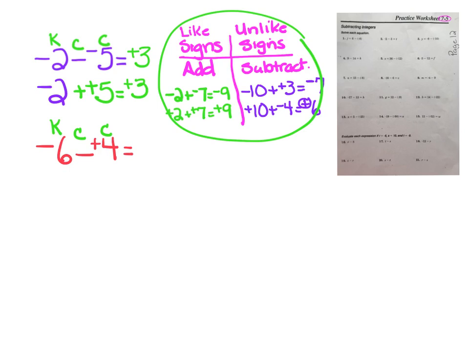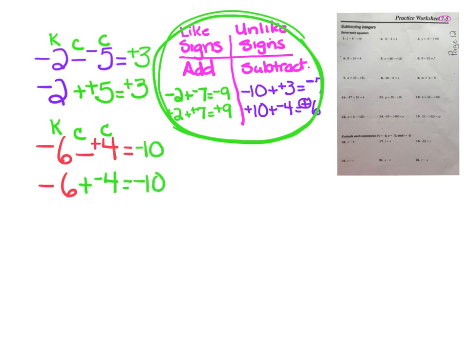We know the -6 stays the same, but this minus turns to plus, and the 4 changes to -4. Well, when we take a -6 and combine it with a -4, we're going to use these rules, we get a -10. That's the answer to the subtraction problem, -10.